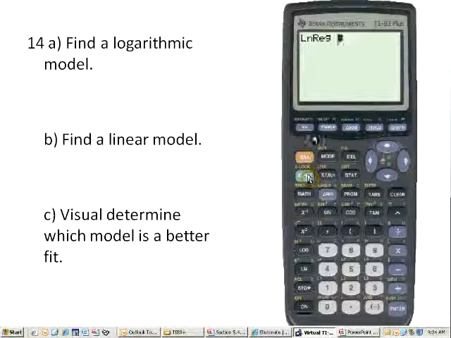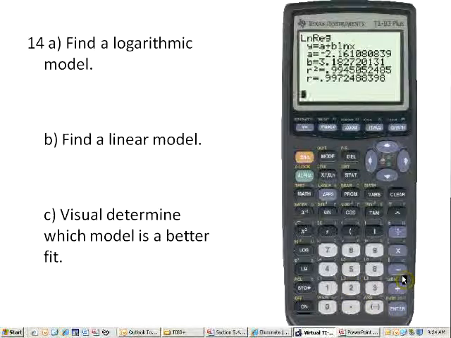And our X values are in list 1, so I'm going to tell the calculator that my X values are in list 1, and comma, my Y values are in list 2. When we hit enter, we get an answer here.